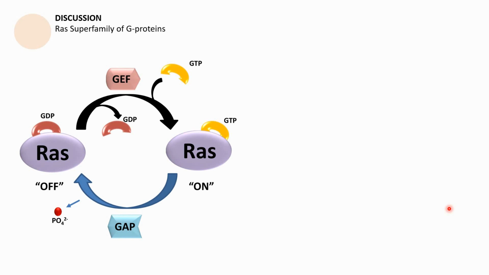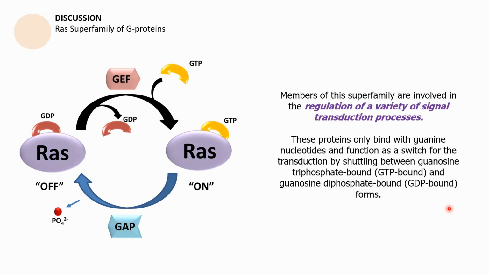Now, let's talk about the RAS superfamily of G proteins. Ang mga members ng superfamily na to are involved in the regulation of a variety of signal transduction processes. Sila yung pinaka-sikat na superfamily according to this part of the discussion. Okay, so these proteins only bind with guanine nucleotides and function as a switch for the transduction pathway by shuttling between guanosine triphosphate bound or GTP bound and guanosine diphosphate bound or GDP bound forms.